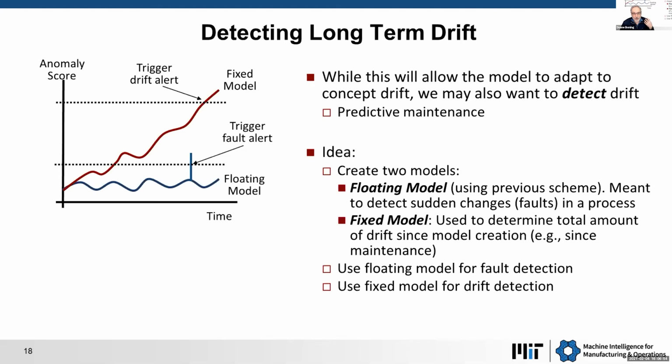You might have the trained model based on historical known good data, and then you do that floating process along the way so that the model is tracking the drift. And then when you've got a sharp spike right there, I can still trigger an alert for a fault.